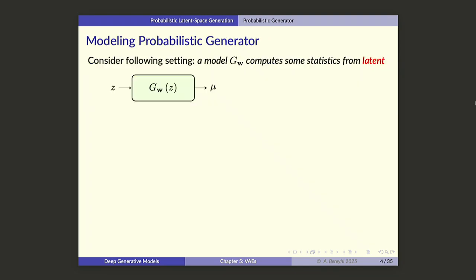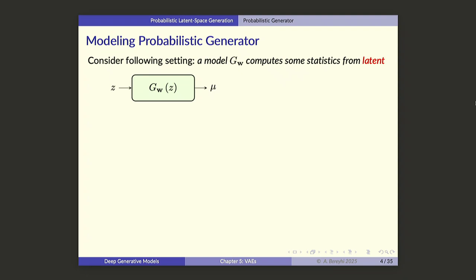Say I have this neural network, this computational model. This model is able to see one latent sample, z, and then it's going to compute for me one output mu. So any z that I give to it, it's going to give me one output mu. In GAN, this mu was literally our data sample.